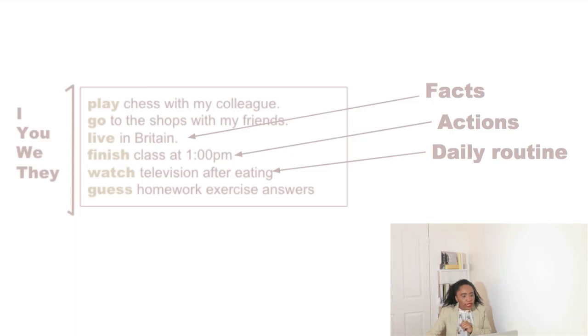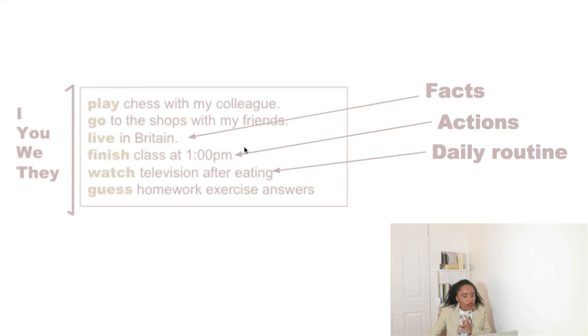So you will see that upon analysis, the simple present is used to state facts. For example, I live in Britain, or you live in Britain. We live in Britain. Okay? They live in Britain.